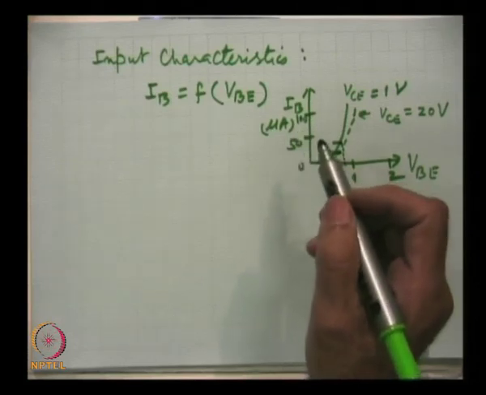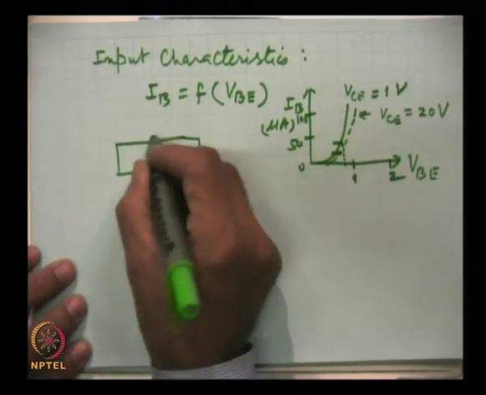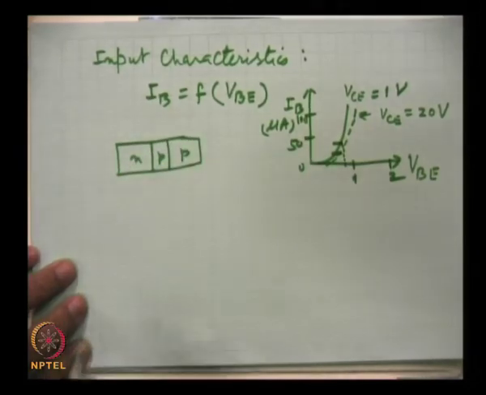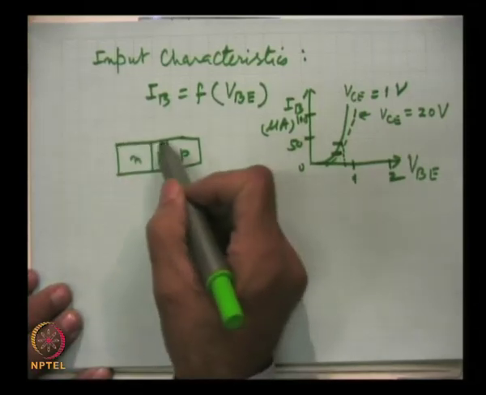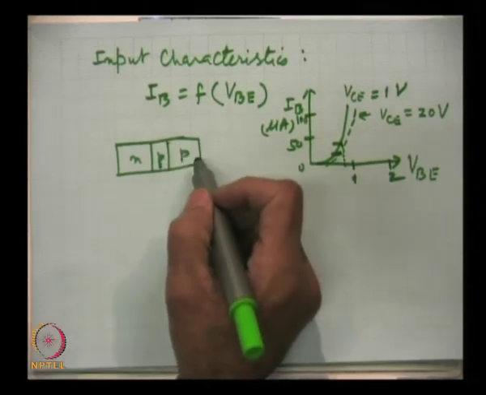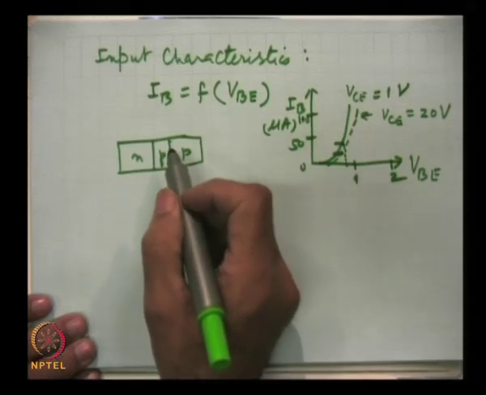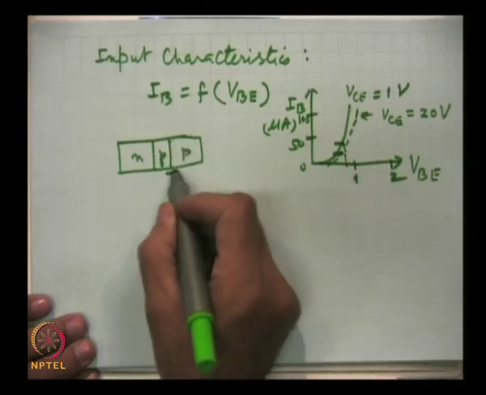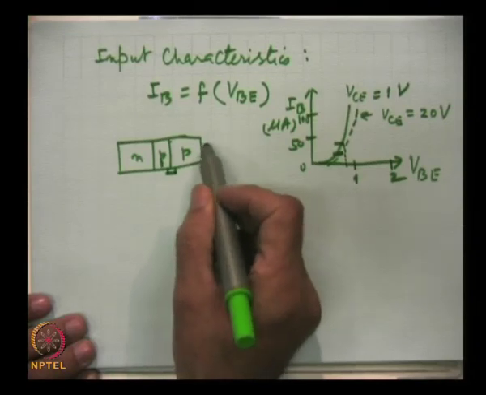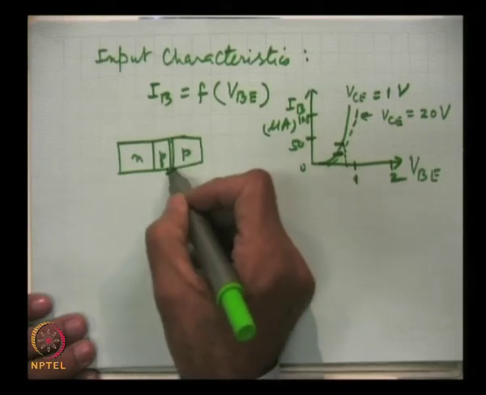Now, this is because of the fact that, you know the depletion width is a function of applied voltage, this we have talked, and depletion region, here there is one depletion region and this depletion width will increase because this junction, collector junction is here, this collector junction is reverse bias.